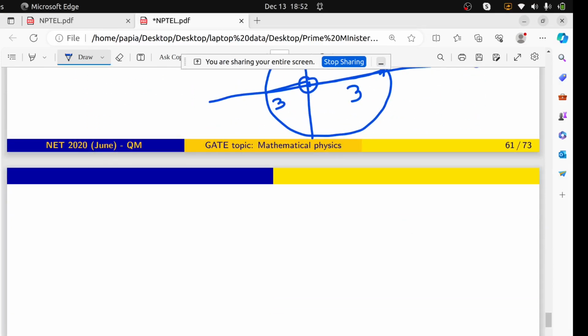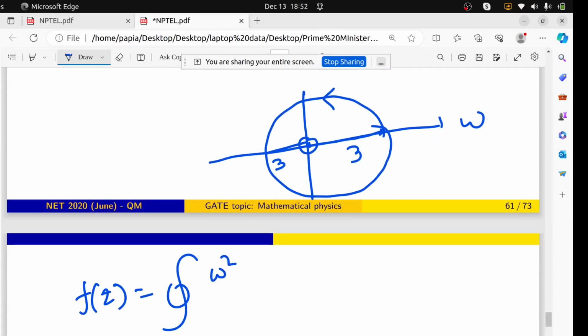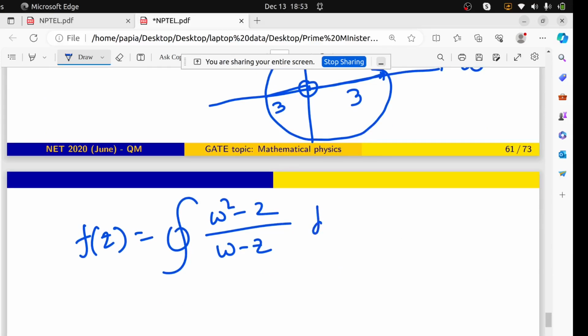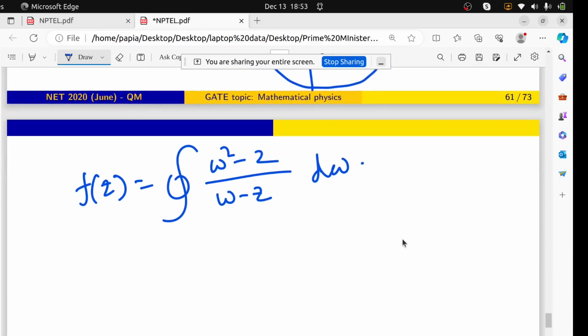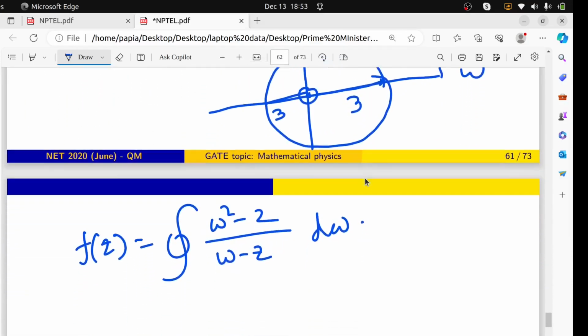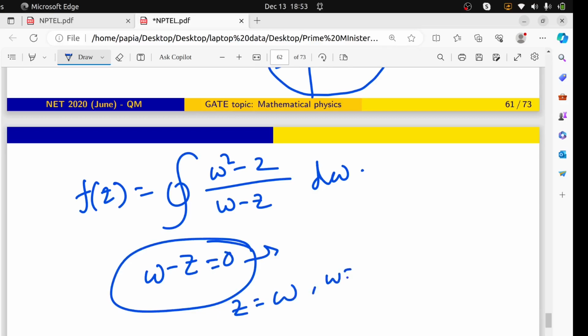So now our f(z) is, I can write here, f(z) equals the integral of (w square minus 2) by (w minus z) dw. So now you can see here w minus z will be 0. This is a pole, right? w equals z or z equals w.